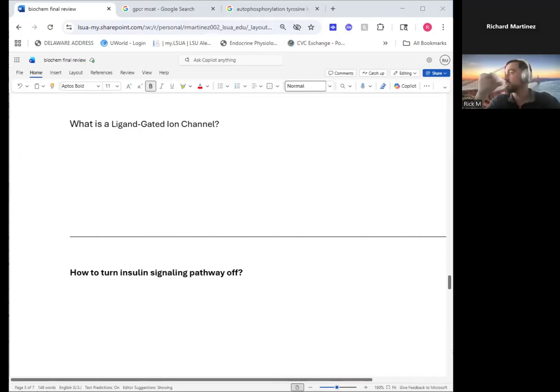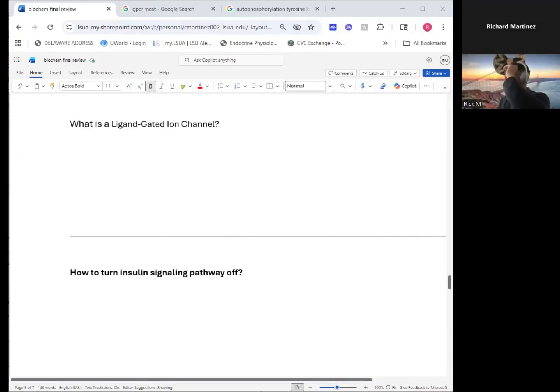It's permanently on. So if that pathway is active for too long, the G protein receptor is still signaling, even if there's no ligand bound on top of it.